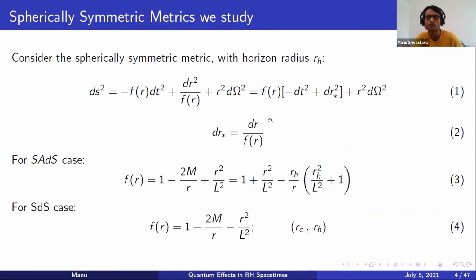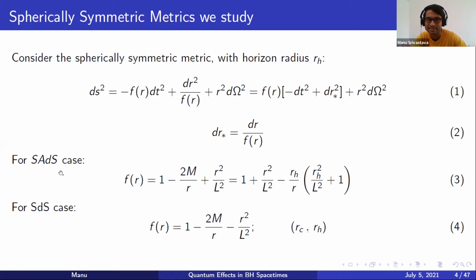For metrics of the form 1, the position of the event horizon is determined by setting f(r) equal to 0. For the usual Schwarzschild black hole, we set 1 minus 2m by r equal to 0, which gives us r equal to 2m as the location of the horizon. For the SADS case, what we get is actually a cubic equation, but it turns out that there is only one real positive root, and therefore we have only one horizon.